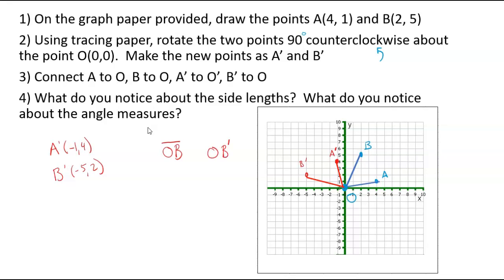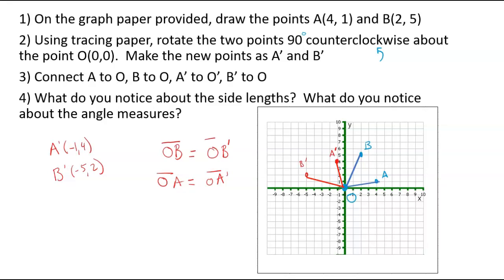What do you notice about those two? Hopefully what you noticed is that they were the same. If you had drawn OA and OA prime as side lengths, these will also be equal.